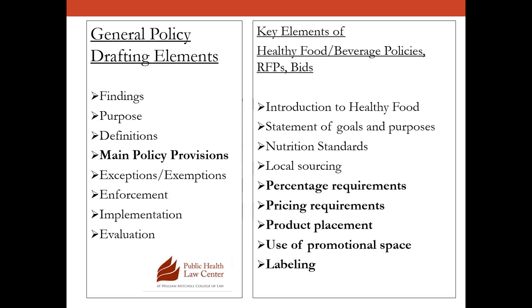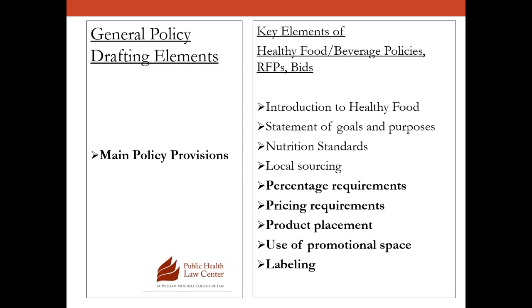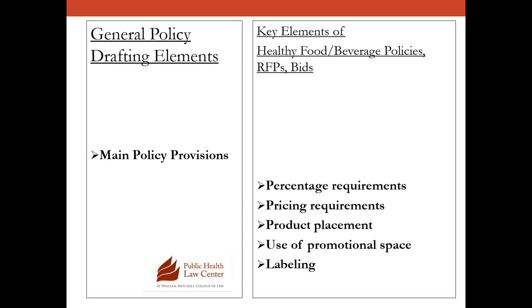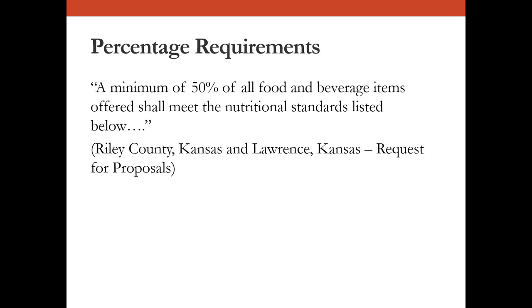All right, so the other things that are available in the healthy food and beverage policies and RFPs and bids are percentage requirements, pricing requirements, product placement, the use of promotional space, and then labeling. I'm not going to go over all the examples, but there are percentage requirements. 50% seems to be the one that we're landing on right now with nutrition standards.